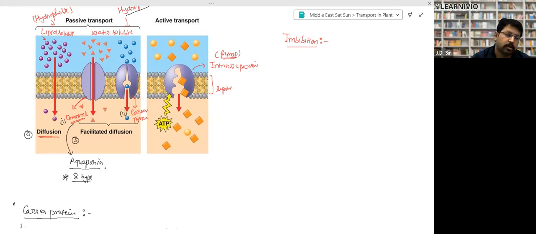Next. And here, sometimes these proteins require another kind of protein. These proteins are called carrier protein. This carrier protein will pick up from outside and put inside, right? Look, you all are school going children.